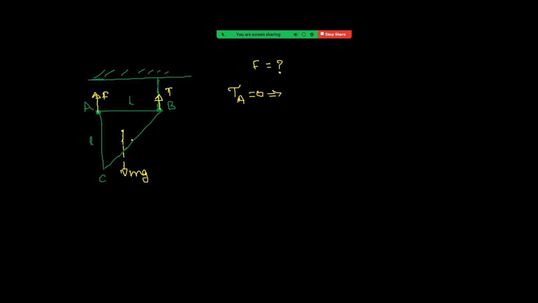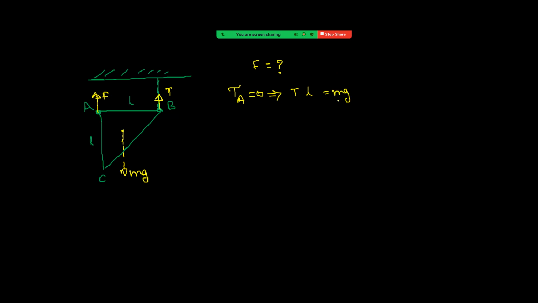That implies because of tension, torque T into L. About point A, because of tension, torque will be anti-clockwise. Okay. And because of mg, about point A, torque will be clockwise. So they must have the same magnitude.